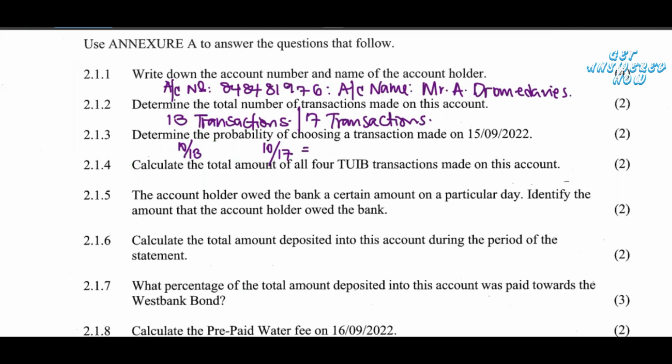So 10 divided by 17 you end up having 0.59. Those divided by 13, you have 0.77.